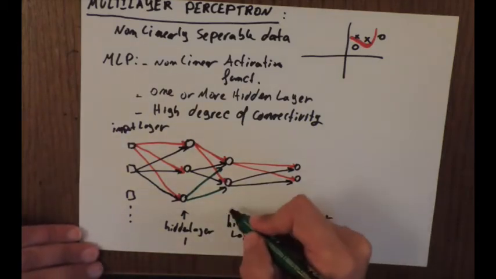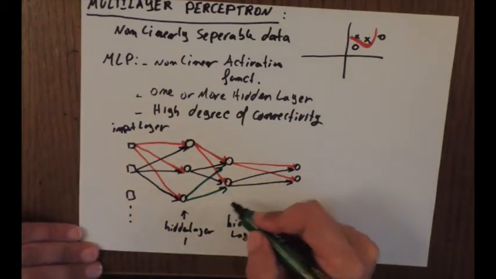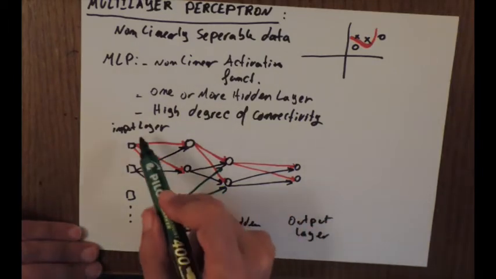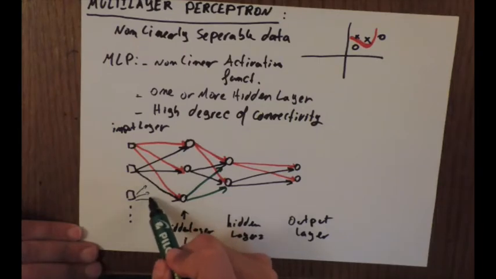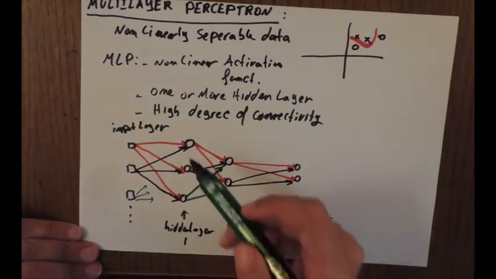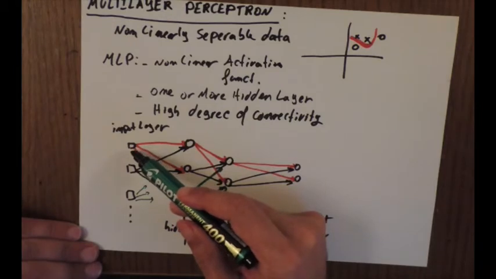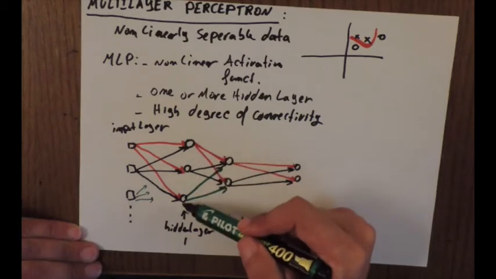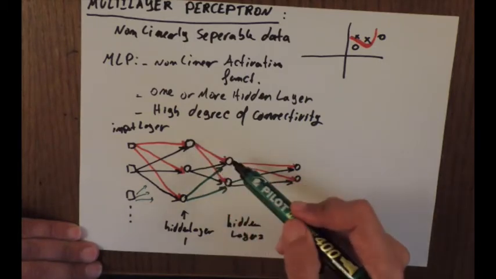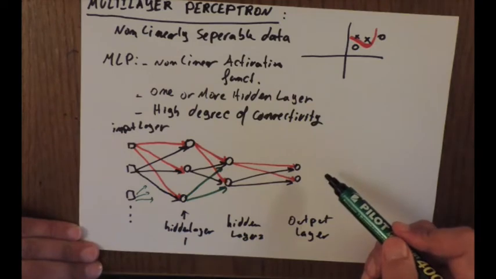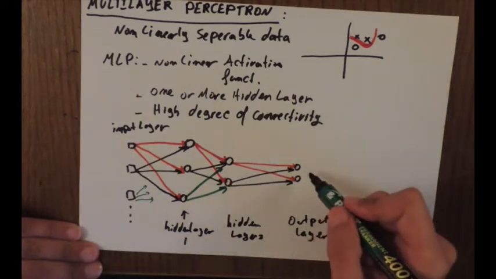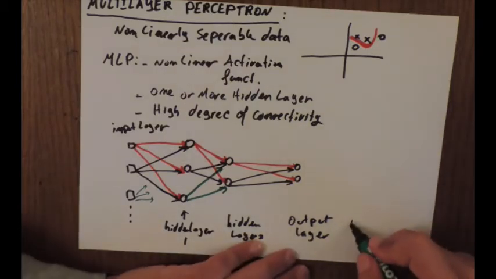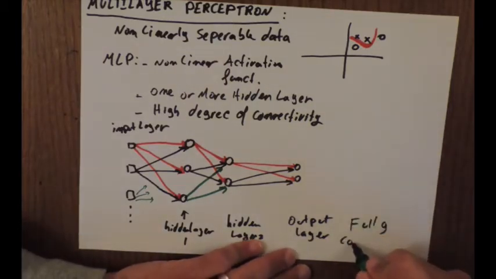Of course we don't have a third hidden neuron here, so we don't have to connect that to the output. So each input layer neuron is connected to all the neurons in the hidden layer. In turn, each hidden layer is connected to the next, for as many hidden layers as we have, and further to the output layer. So this is a fully connected network.